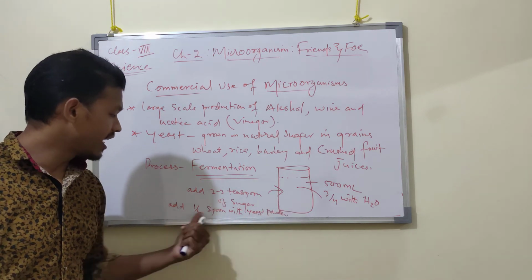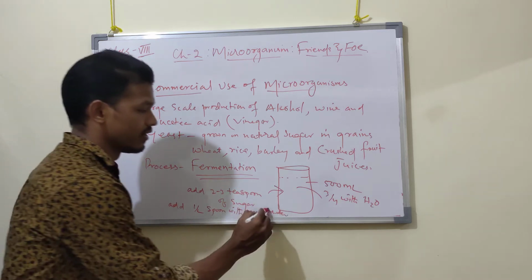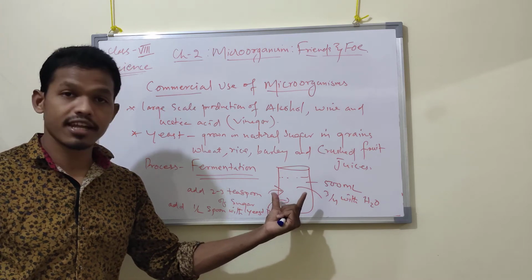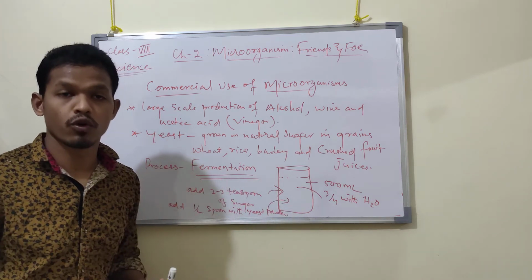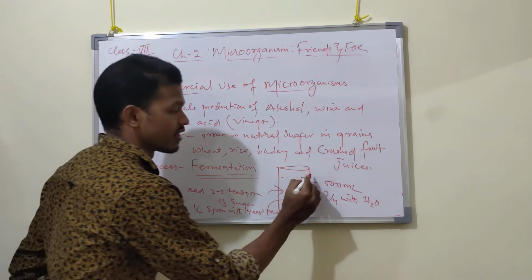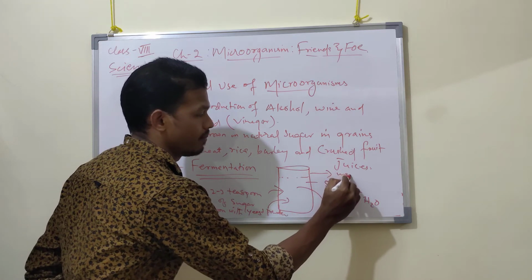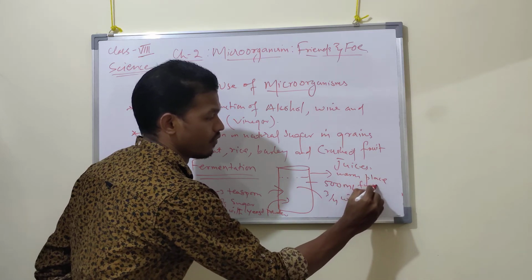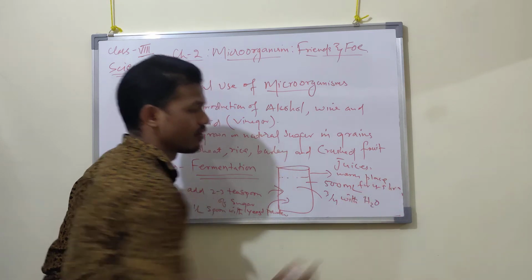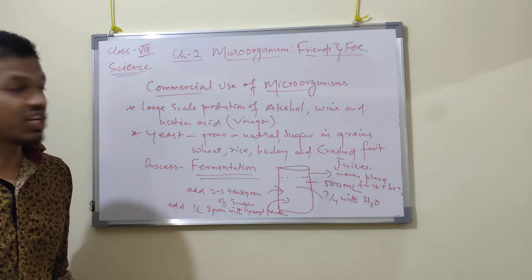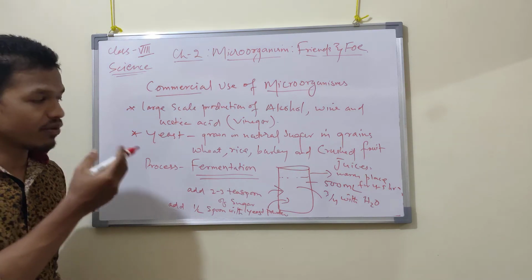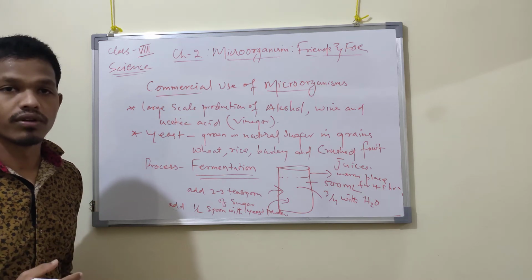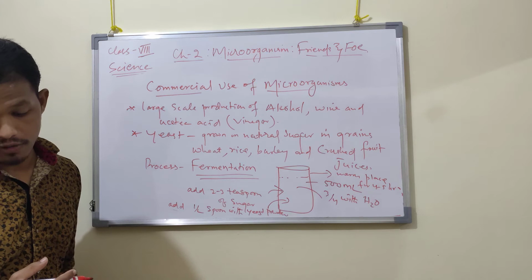Then you keep this beaker in a warm place for 4 to 5 hours. What do you see there? What smell do you get from there? It will smell like alcohol.